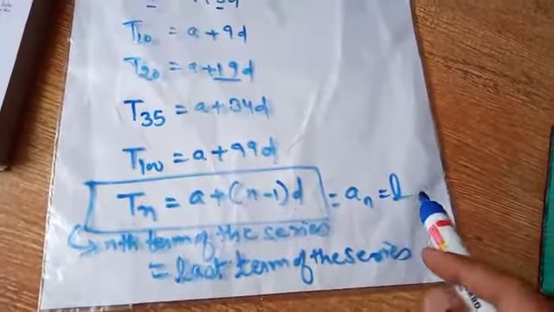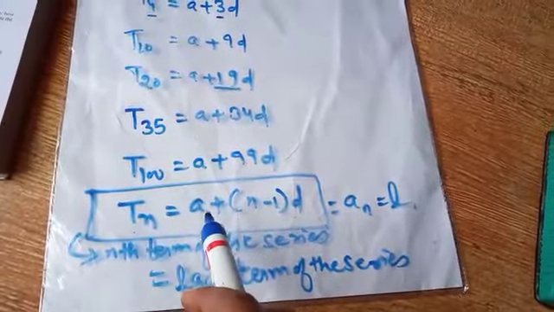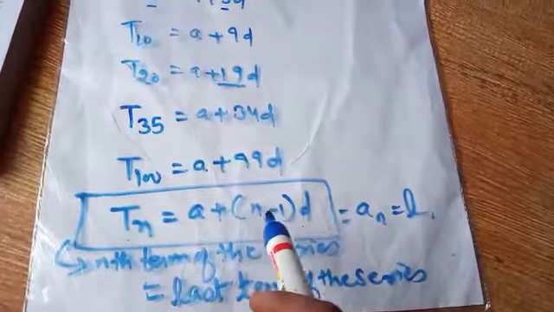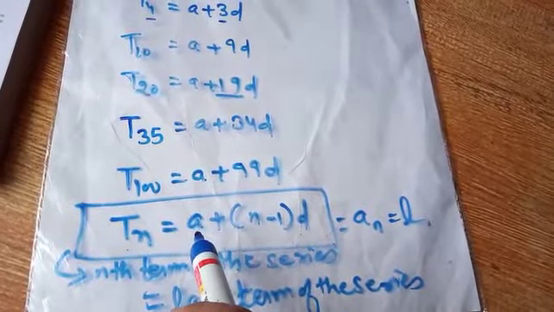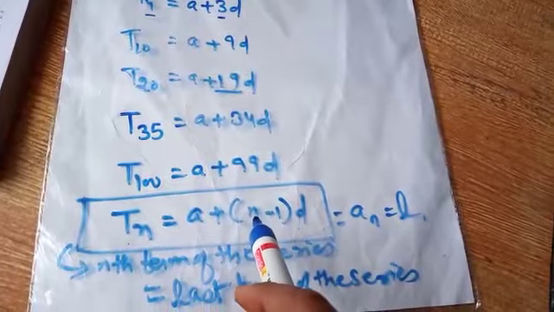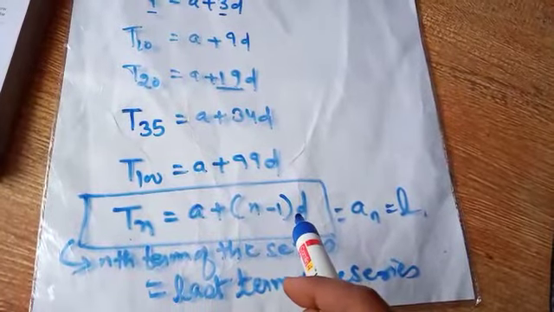So L, or the last term of the series, is given by a plus n minus 1 into d, where a is the first term of the series, n is number of terms of the series, and d is the common difference.